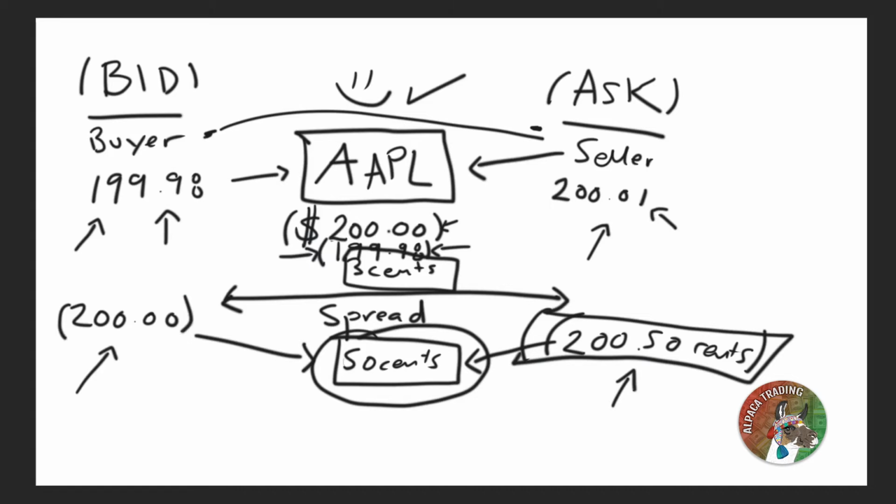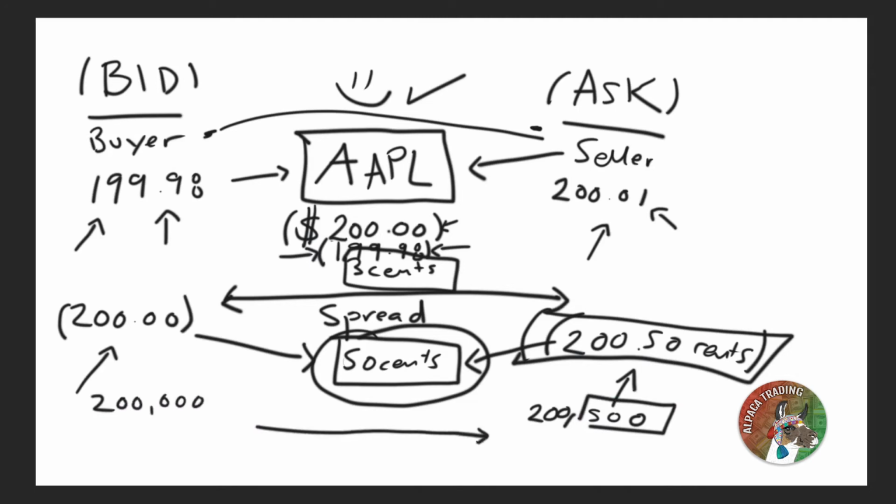So the second he buys 1,000 shares, right, he is going to lose the difference in the spread, which in this case is going to be $500. So does that make sense? It's like you walking into a car lot and paying for a car and then leaving the car lot and that car immediately depreciating in value, thereby you losing these $500.